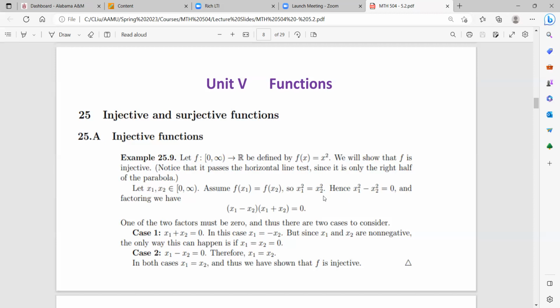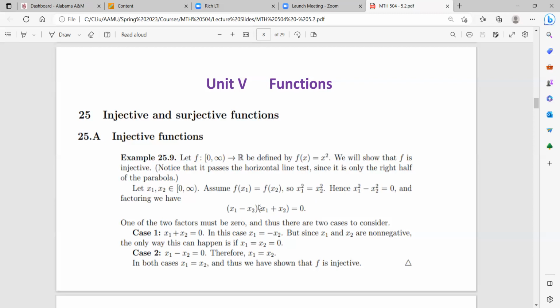And then just like when you solve equations, you put everything on one side. So subtract x2 squared on both sides. For example, you get x1 squared minus x2 squared equal to 0 and factor it. Okay. That's how you solve equations, right? So then you get (x1 minus x2) times (x1 plus x2).